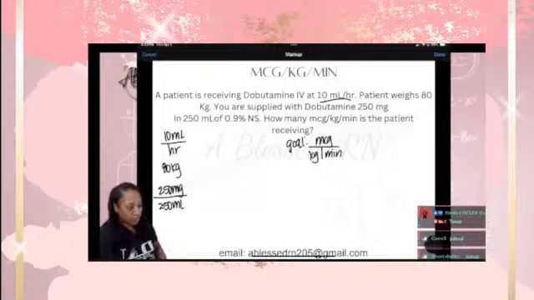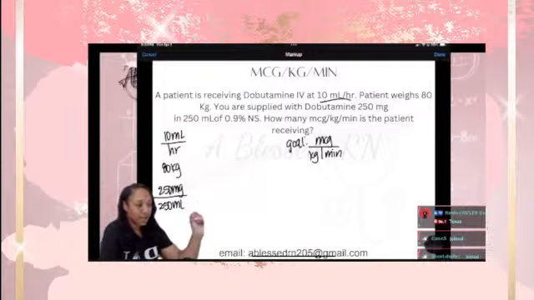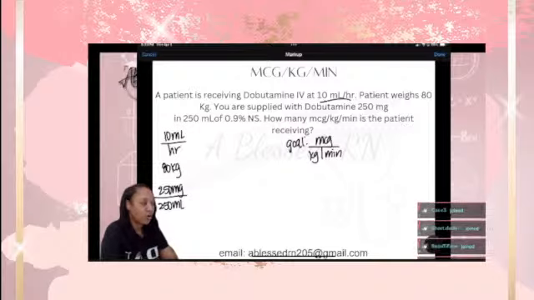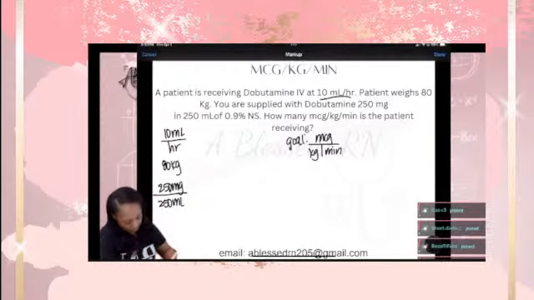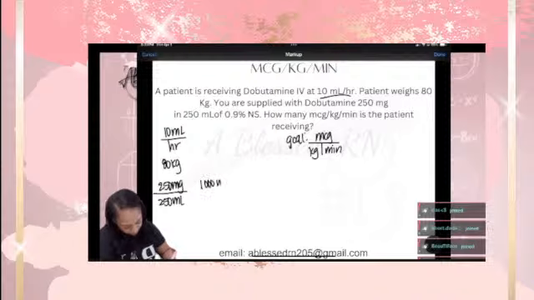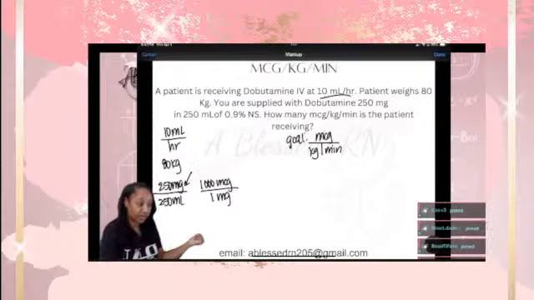Okay, so now we have to get micrograms at the top, kilograms and minutes at the bottom. If I'm looking for micrograms, I always start with what it is that I'm looking for. Even though we don't have a microgram in sight, I'm still going to start with my micrograms. So I'm going to put 1,000 micrograms per 1 milligram, because I have milligrams, I don't have micrograms, and that's what I'm looking for.